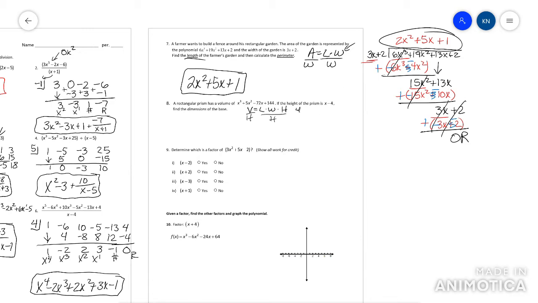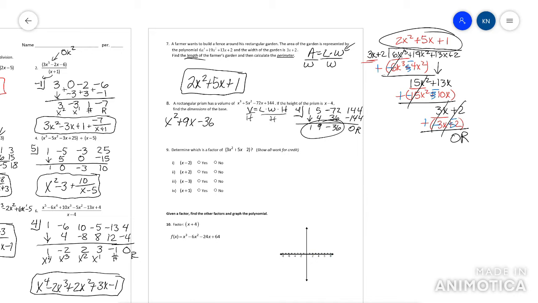So it's going to look like this. All right, drop your first, multiply, combine, and repeat that process. All right, so I know the length times the width is this, which is x squared plus 9x minus 36.